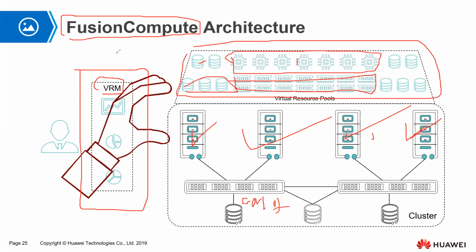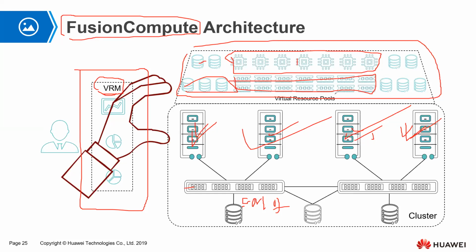So what the VRM, the virtual resource manager, does is give us the ability to manage the block storage resources in a cluster. We have different clusters. This is our cluster, cluster 1, which has different physical servers here. So what VRM helps us do is manage those block resources, and also manage the network resources.